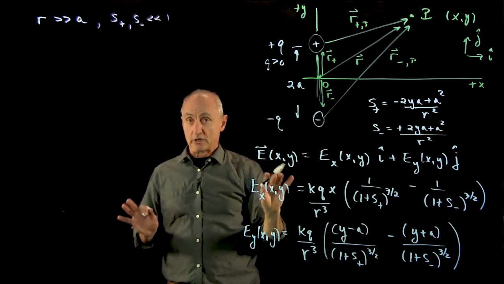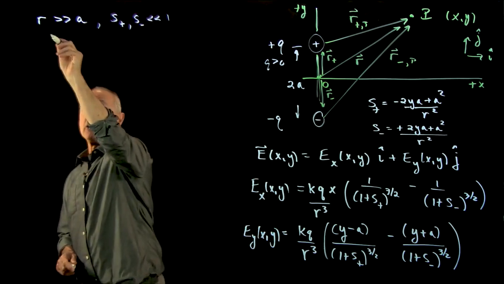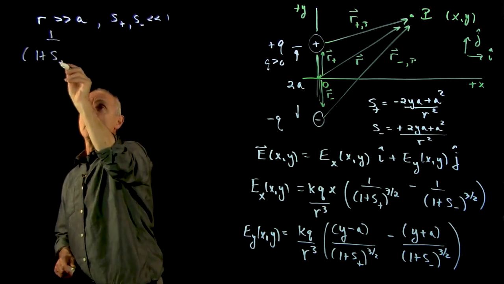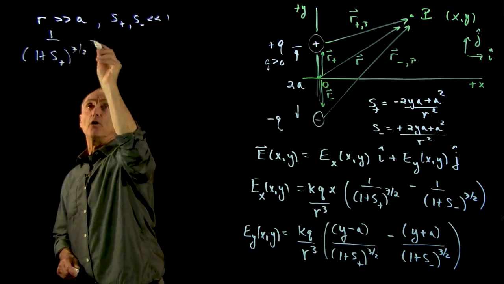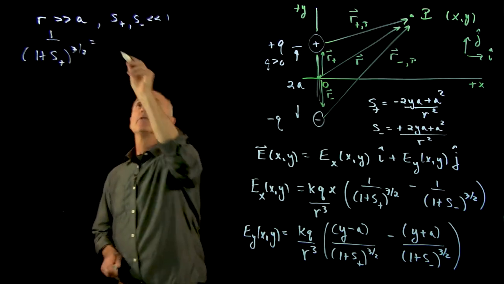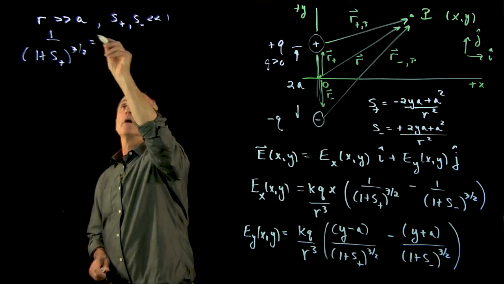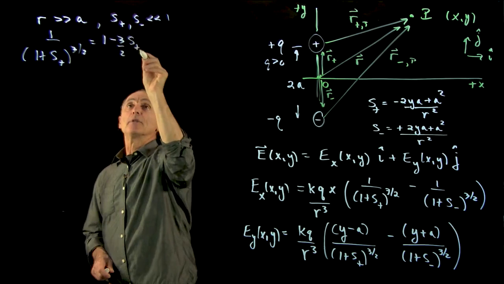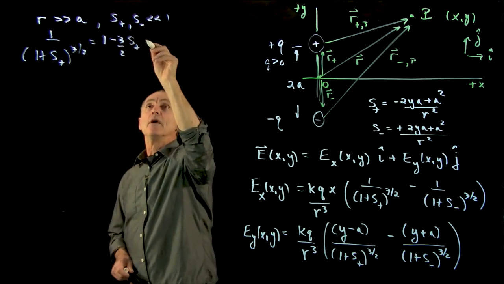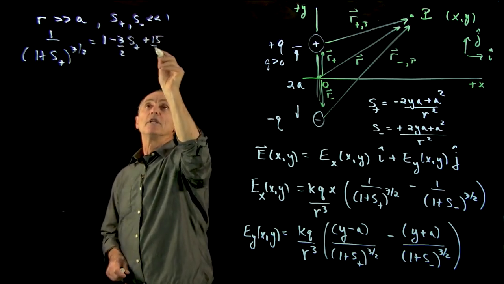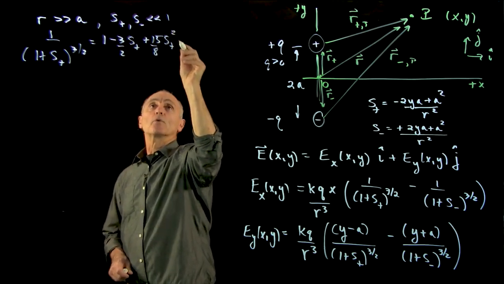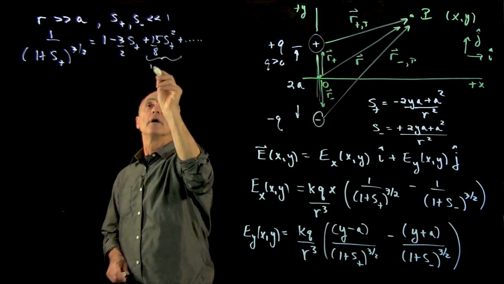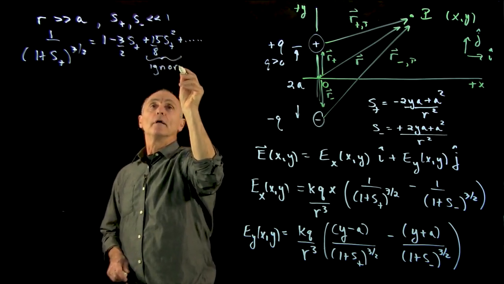And that's what we're going to exploit in this expansion, because we have the result of applying the binomial theorem that this quantity is 1 minus 3/2 s plus. Now, the next term in here turns out to be 15 over 8 s plus squared, and that series goes on. But this is the term that we're going to ignore.